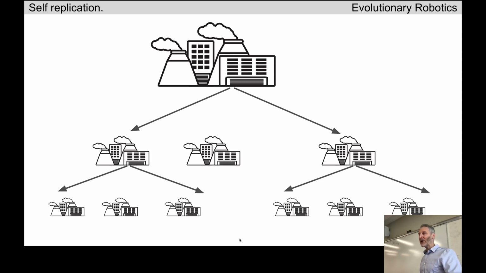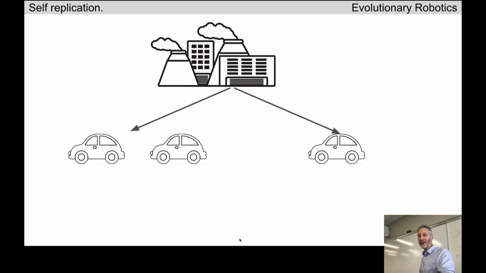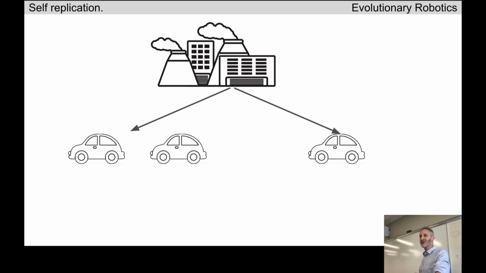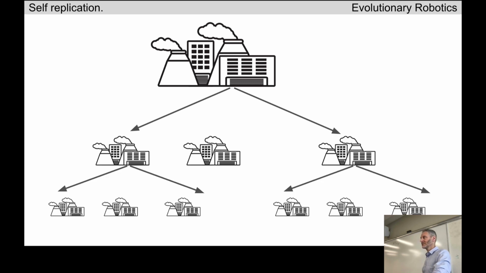So if you want to make a very, very, very large number of cars, you can do it this way, or potentially in the future, you could do it this way. Yeah? So you reduce literal cost, financial cost, through self-replication, but there's no free lunch. There's always a cost. What's the cost of this approach to manufacturing cars compared to this approach to manufacturing cars?